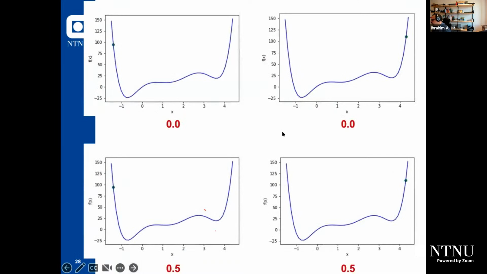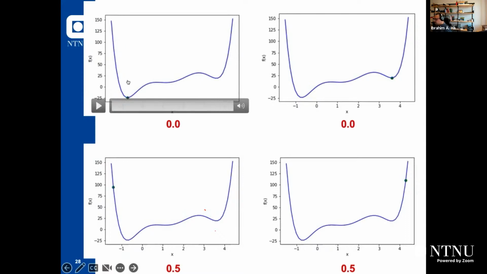Here we explained it last time. We start here without any momentum term from the left side, and we end up in this local minimum. On the right-hand side, because we were lucky and started from the left-hand side, we ended in the global minimum, but it's by chance. There's no guarantee.